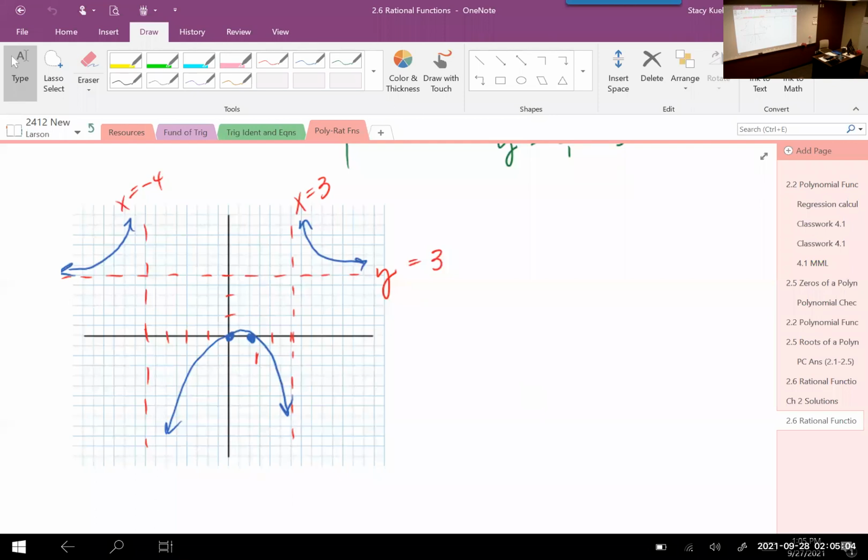Could it also be like x to the 4th, or would that not work because there's 2 complex roots right there? What do you mean? Well, like, is it 1 point or is it always 2 points? Complex roots are going to always occur in pairs, but they're not points. You're not going to really see them.